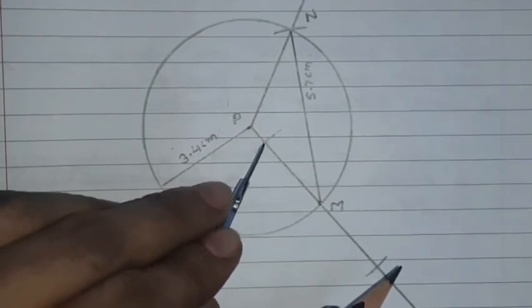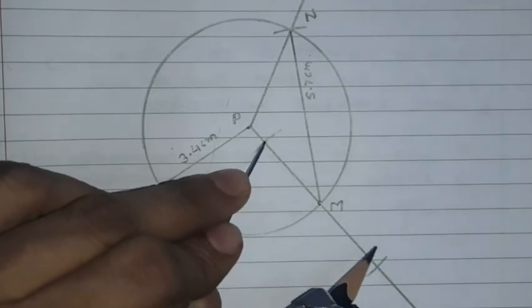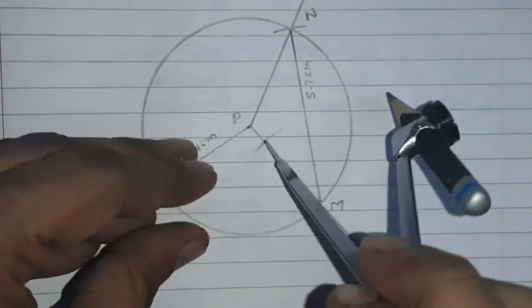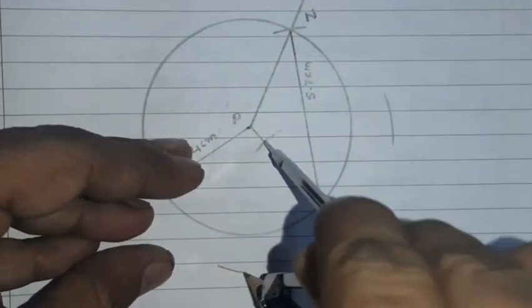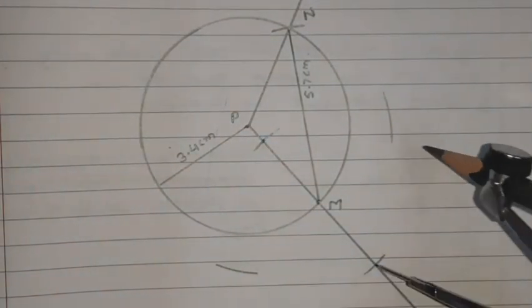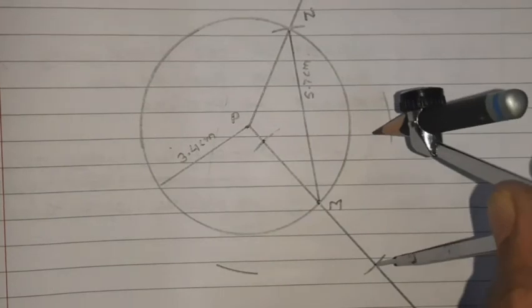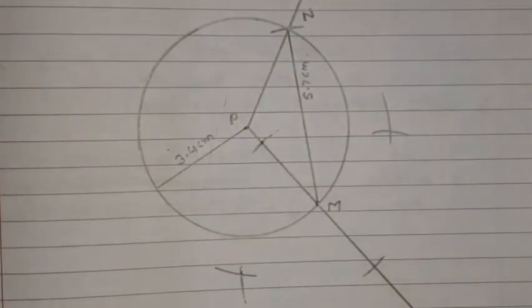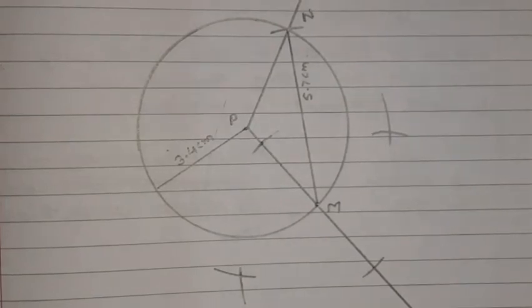Make an arc more than half distance. Then make one arc here, another arc here. Put the metal point over here. Draw the intersecting arc. And dear student, join this with each other.